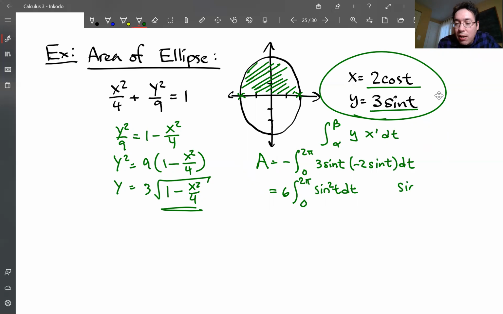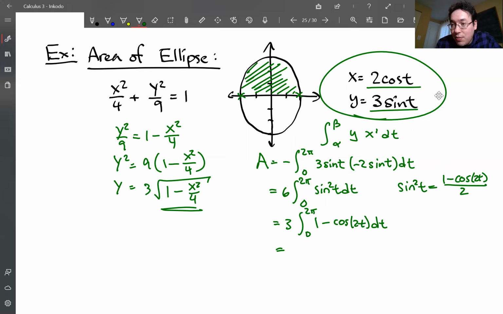Sine squared is equal to 1 minus cosine 2t over 2. So the 1/2, I'm going to pull that outside of the integral. So that's 6 and a 1/2 will make a 3 on the outside. And then I have 1 minus cosine 2t dt.